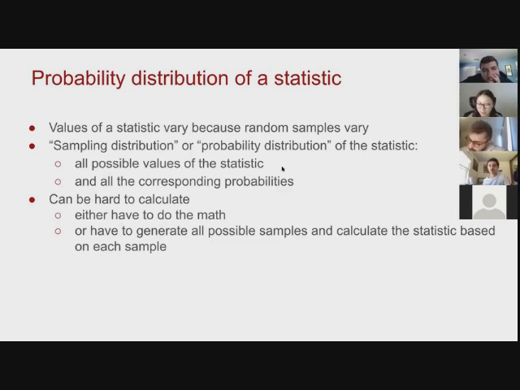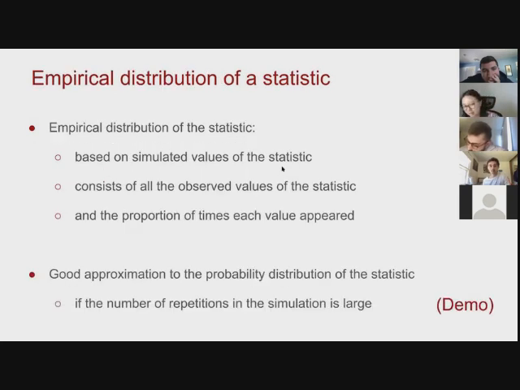However, in practice, you can take 10,000 or 100,000 samples, as many as you want if the computation is feasible. But since you're still approximating the true underlying probability distribution, we're going to call what we do through simulation the empirical distribution.